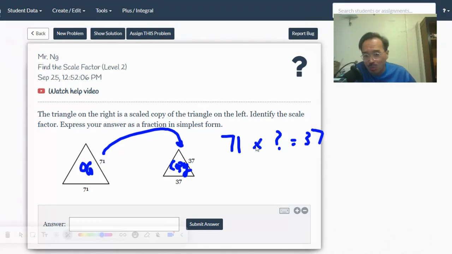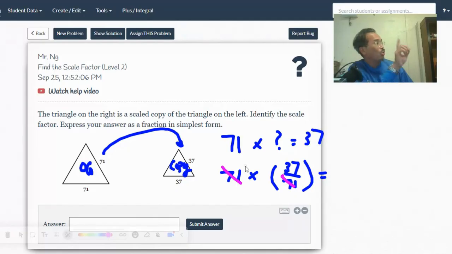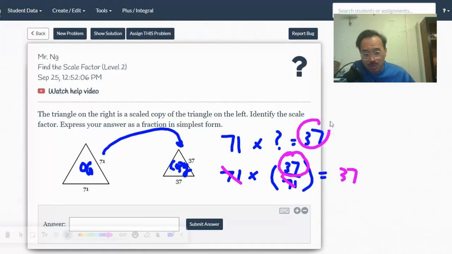It can't be 1. 1 times 71 is already 71. So again, the trick is to do 37 over 71. Let's see what happens when we put in 37 over 71. These cross-cancel, and you're left with just 37, which is exactly what you wanted.